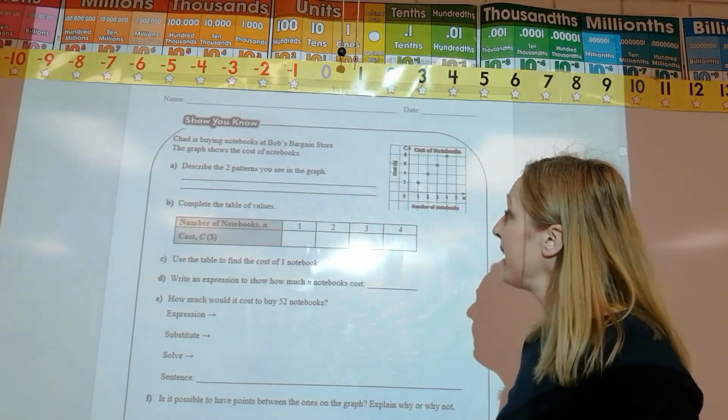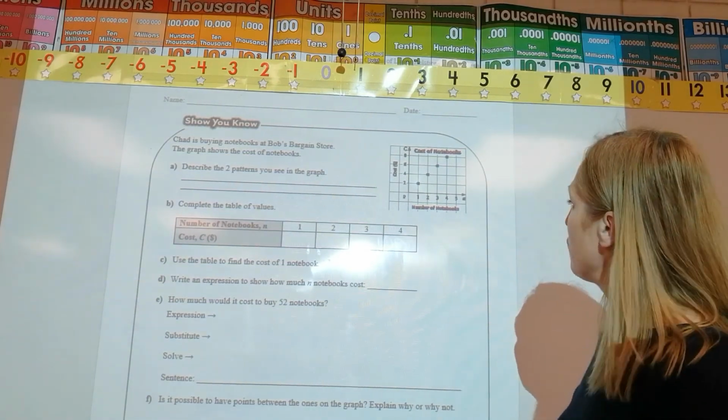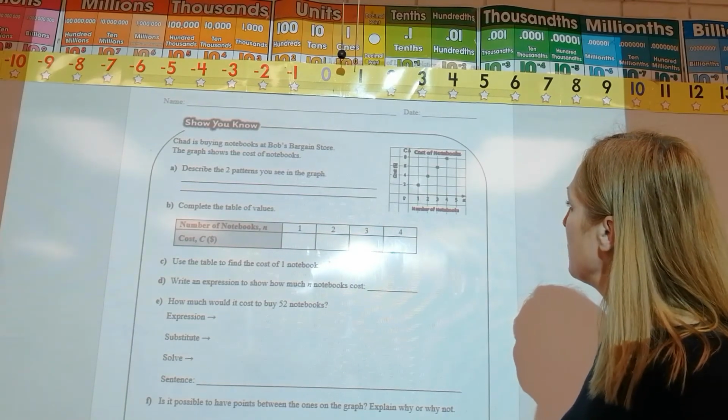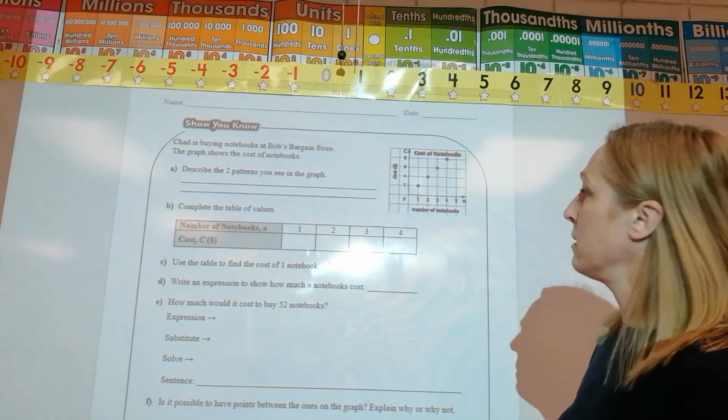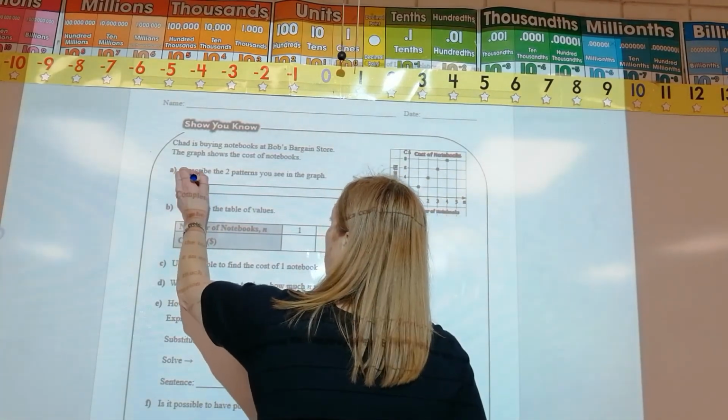Last example that we're going to look at today, Chad is buying notebooks at Bob's Bargain Store. The graph shows the cost of notebooks. So we're going to describe two patterns that we see on the graph. Are the points in a straight line? They sure are.